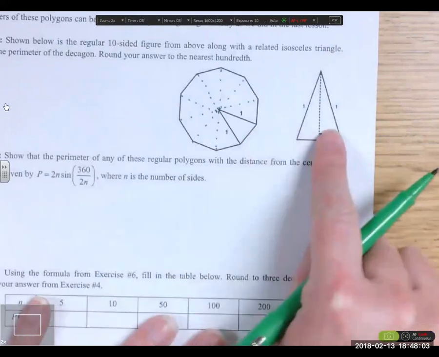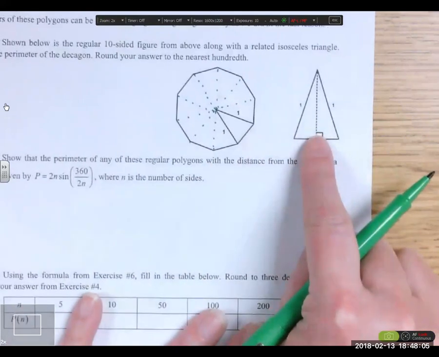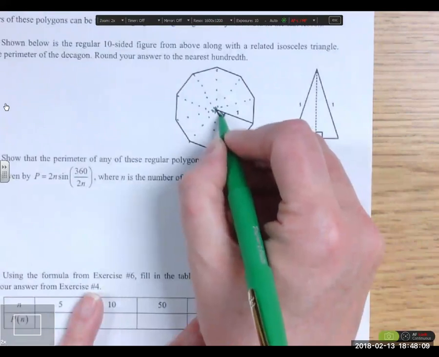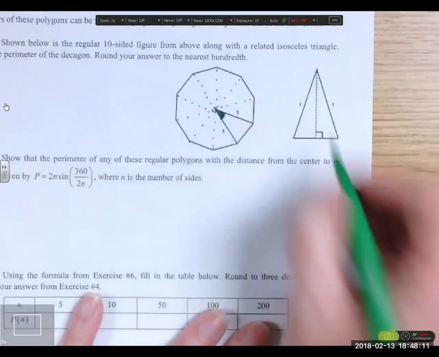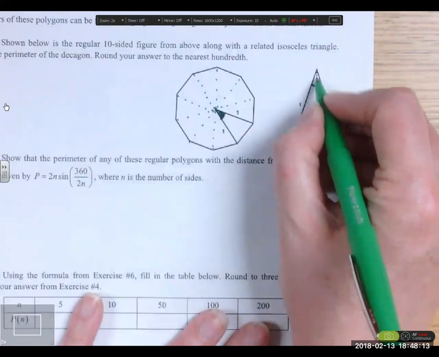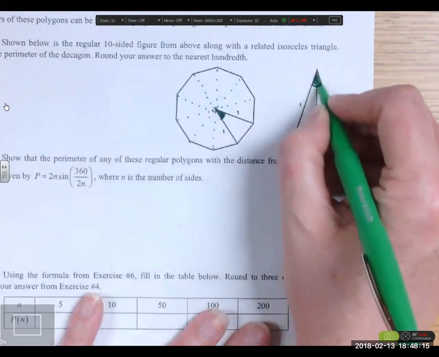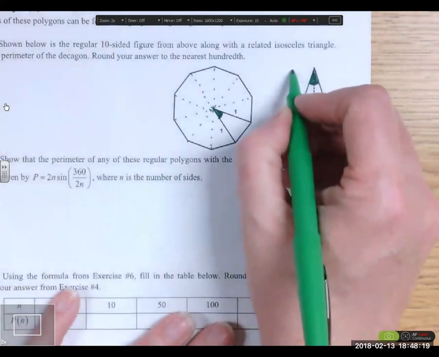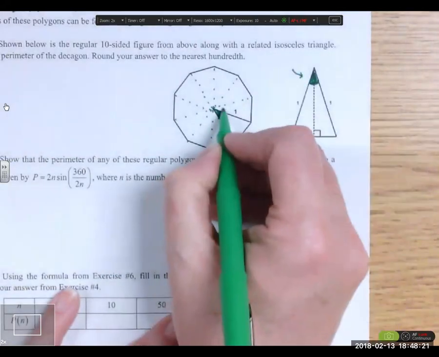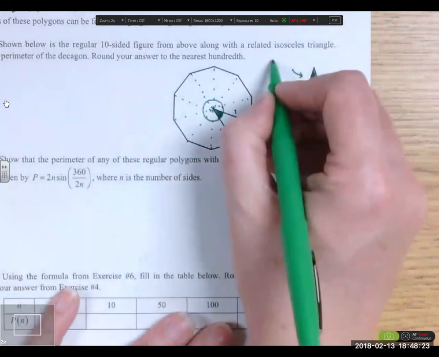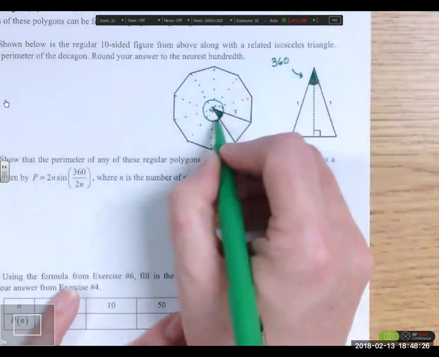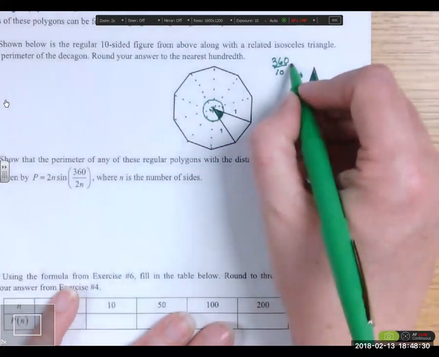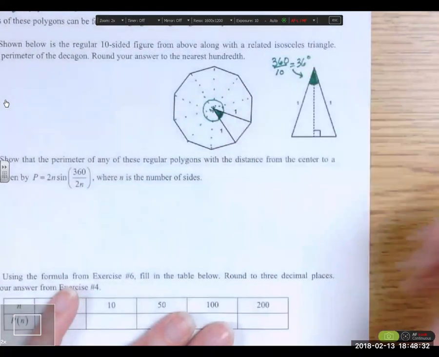We're going to take one slice and set it aside here and ask ourselves, what is the measure of this angle here at the center, this entire angle? You'll recall that we take 360 degrees, all the way around, and divide it by the number of angles we have, which is 10 in this case. That means this is a 36-degree angle.